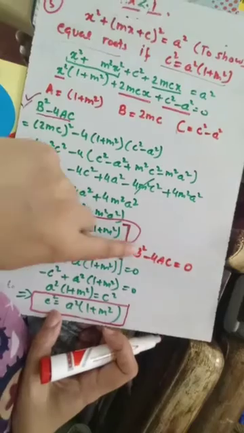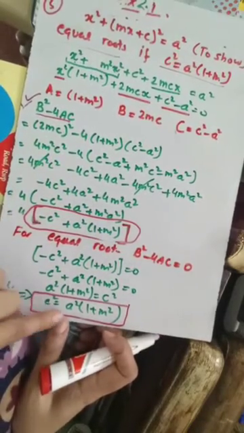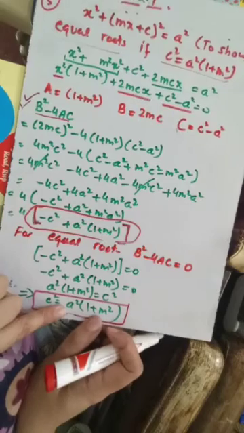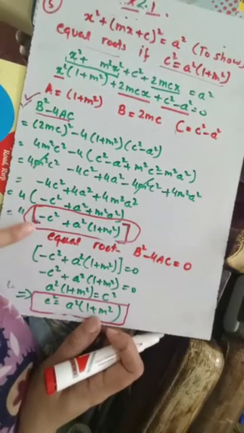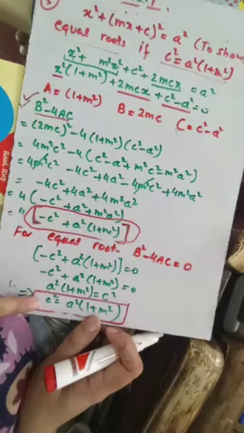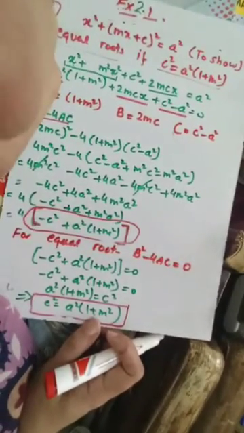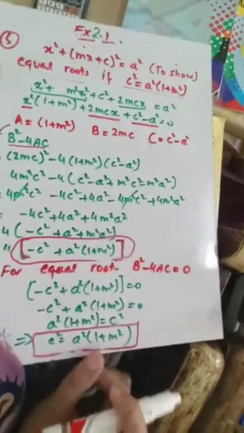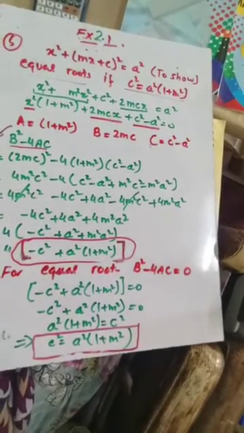The roots are going to be equal when discriminant is equal to 0, and discriminant is equal to 0 only if c square is equal to a square into 1 plus m square, because if we put the value of c square over here, then we will get 0, otherwise we will never get 0. So this is how we prove this question.